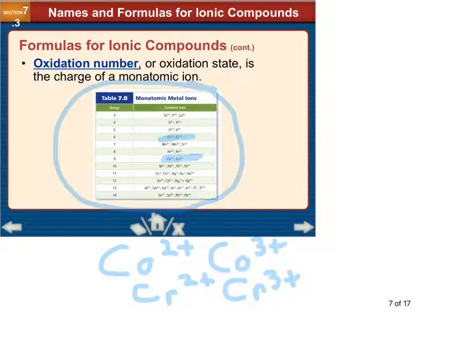And when we talk charge, I also use the term oxidation number, oxidation state, and charge. So when we're dealing with ionic compounds and ions, oxidation number and charge are pretty much interchangeable.